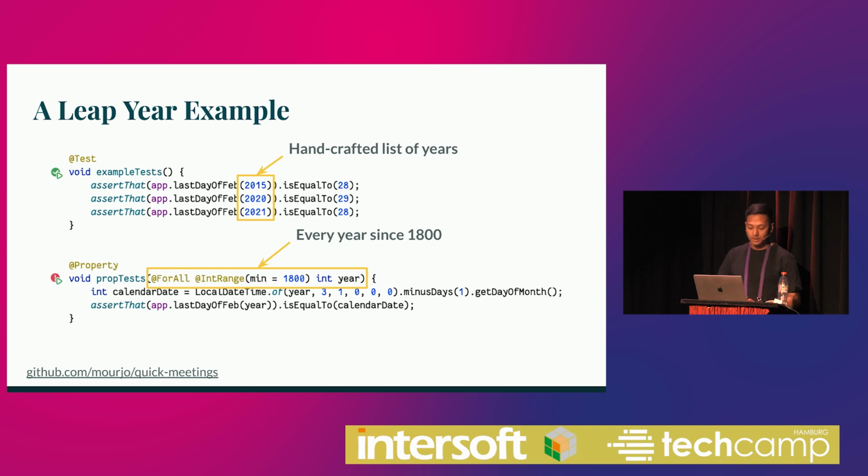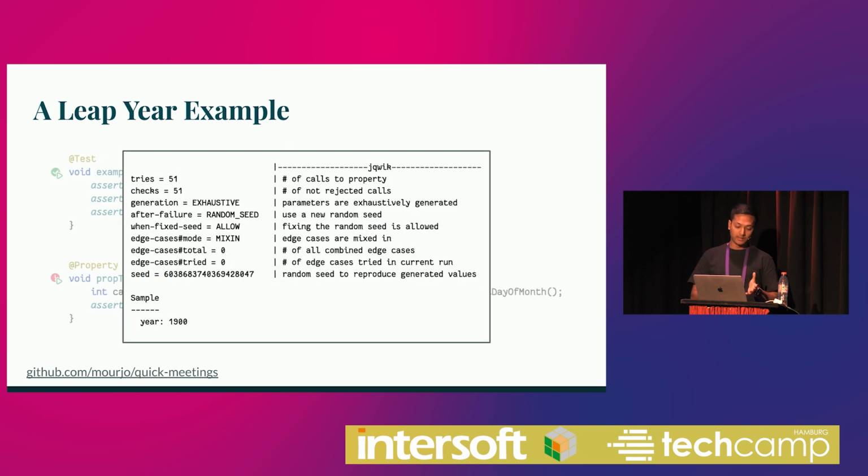And it doesn't. So when it doesn't, it gives me an output. I'm using the jqwik library, which is a library that implements property-based tests in Java. In the first line, it says, hey, I tried 51 inputs, so 51 years, not 3, 51 that it generated itself, and I found 1 failure. What is the failure?